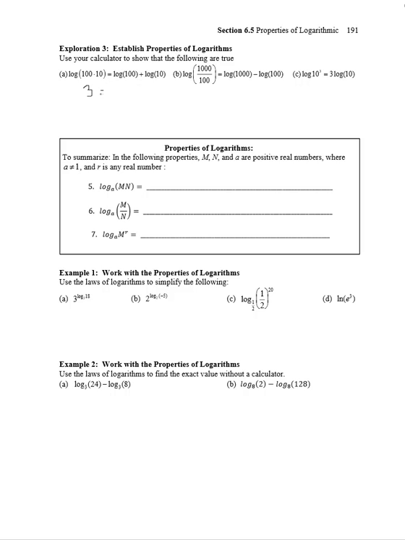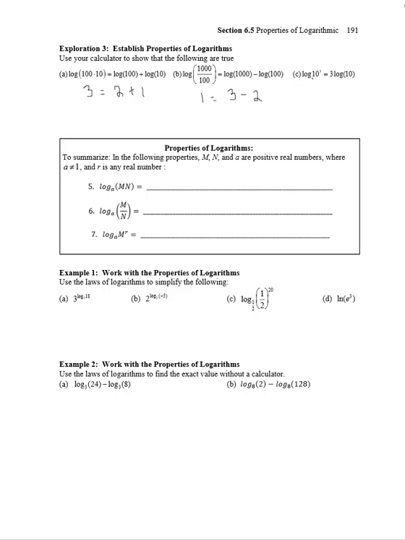And if you put in log base 10 of 100, you get 2. If you put in log base 10 of 10, you get 1. So you can see that they're equal. Same thing here. Log of 1,000 over 100 is 1. Log of 1,000 is 3, minus the log of 100 is 2. So that checks out also.